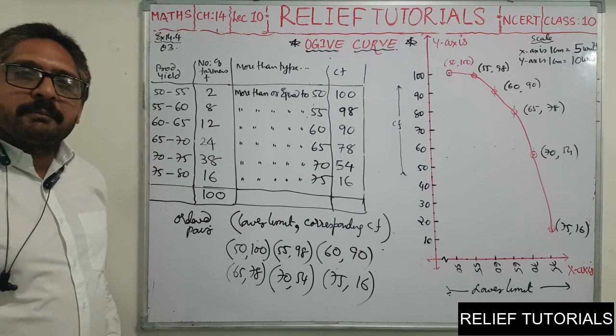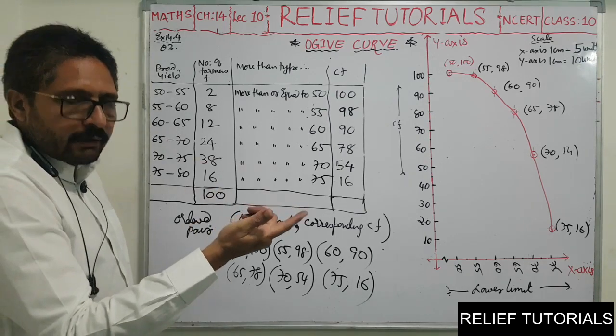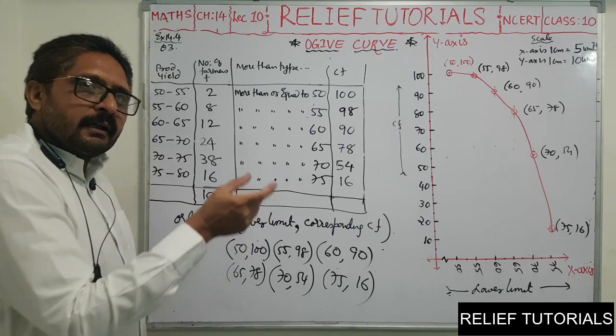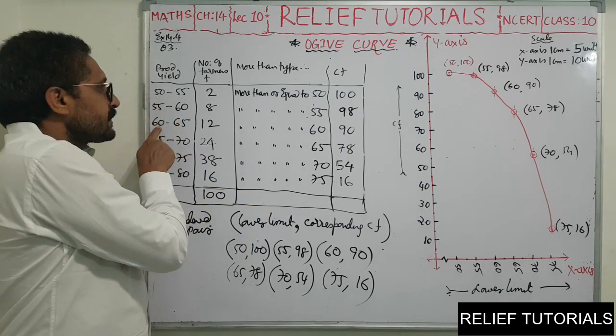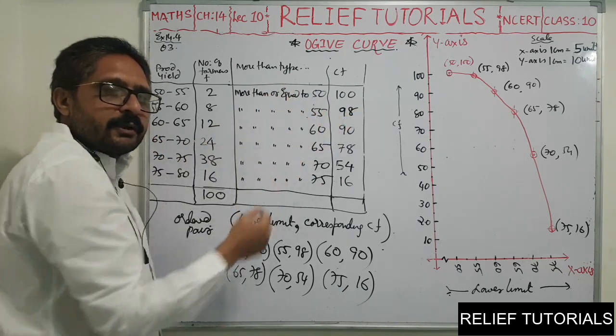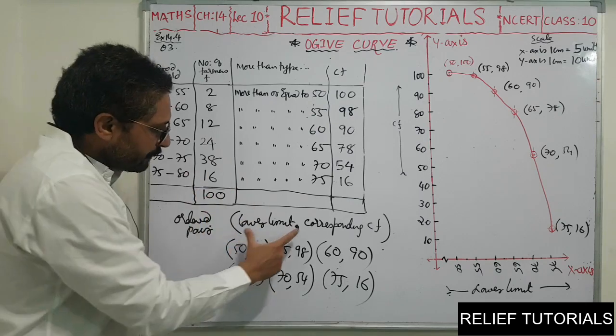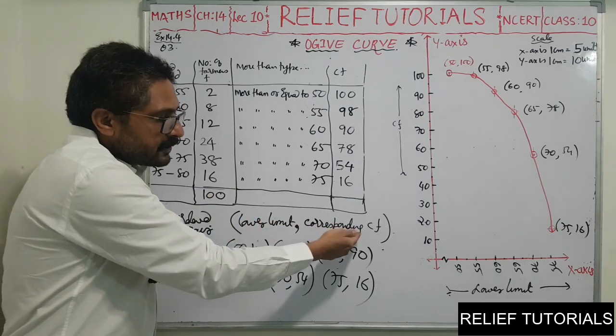So what you have to remember in this more than type cumulative frequency, I told you that in more than you have to select the respective lower limit: more than 50, more than 55, more than 60, more than 65, 70, 75, and you will find their corresponding cumulative frequency. So our ordered pair will be lower limit on x-axis and corresponding cumulative frequency on y-axis.